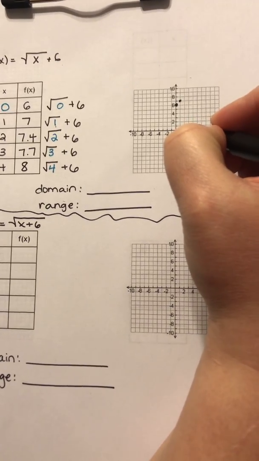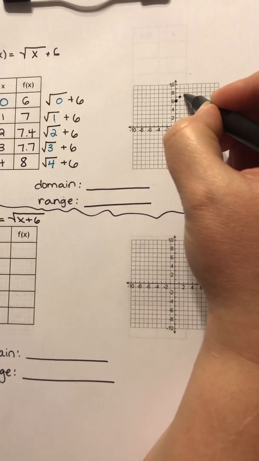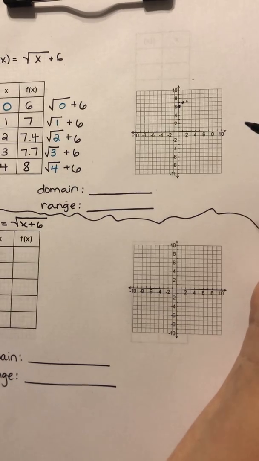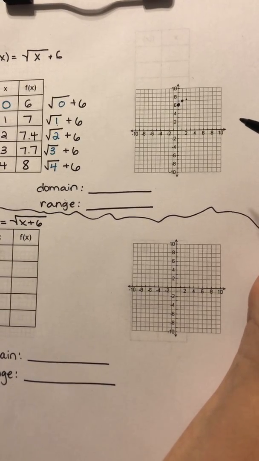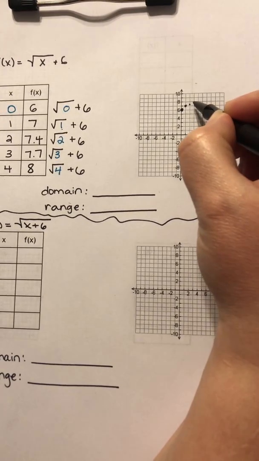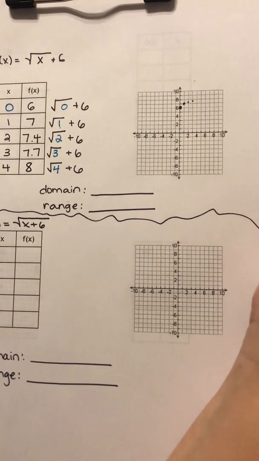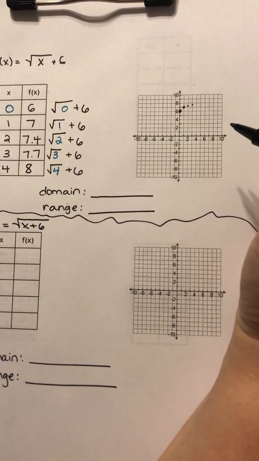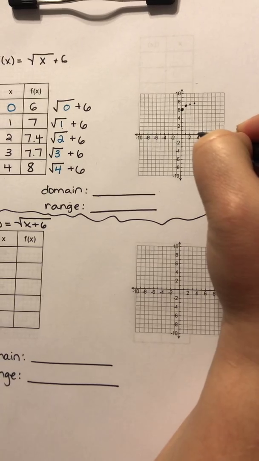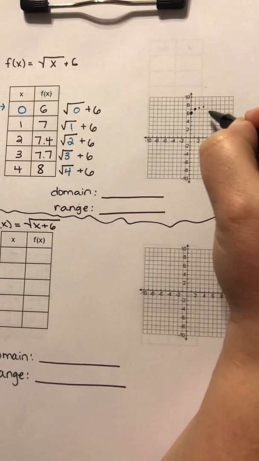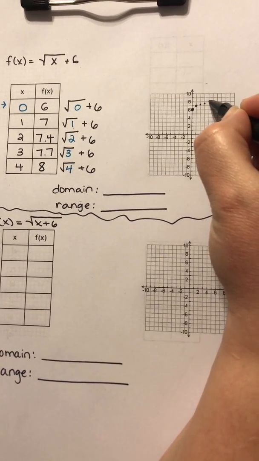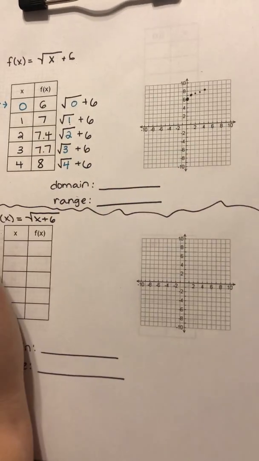So if I have 2, 7.4, it's a little less than half. But again, just get as close as you can. 3, 7.7. Again, I'm not quite on that 8, but I'm as close as I can get to 7.7. And then when I get over to my x value of 4, I can go all the way up to the line on the 8. So something that looks like that.